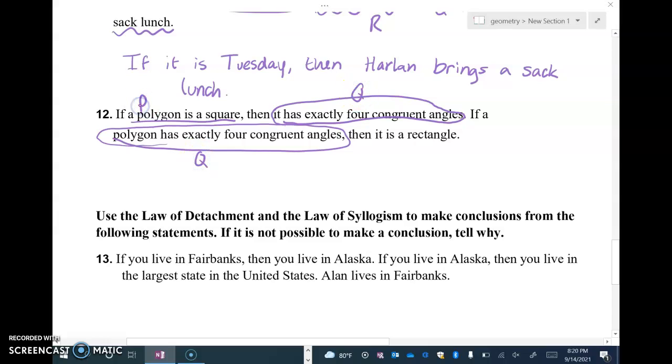So far, so good. Then it is a rectangle. That's our something new. That's our R. So again, we see if P, then Q, and if Q, then R, which means we can say if P, if a polygon is a square, then it is a rectangle.